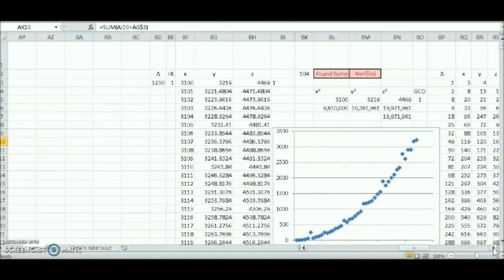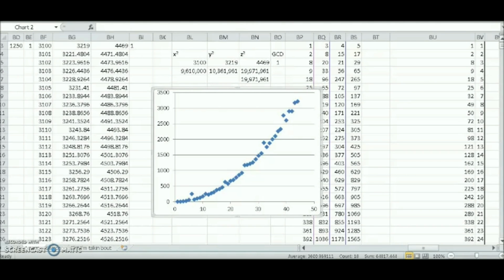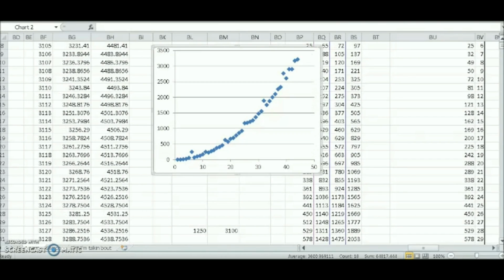So let's get to some really cool stuff. So, notice in this, I just changed the frequency of x, or the rate of x, to simply 1. That means that x increases by the number 1 and nothing else. So that first one, 3100, happens to produce a primitive Pythagorean triple.